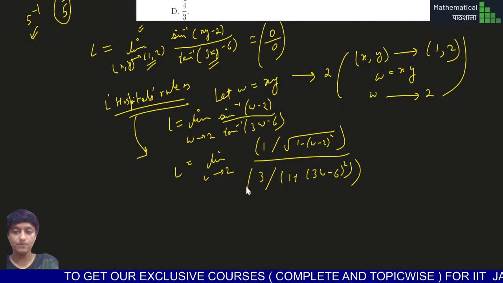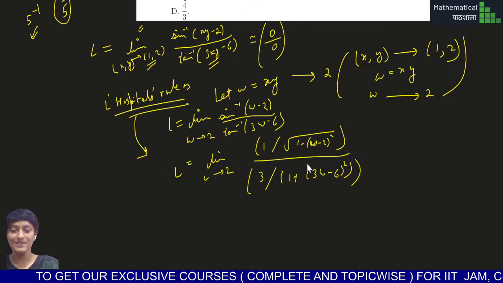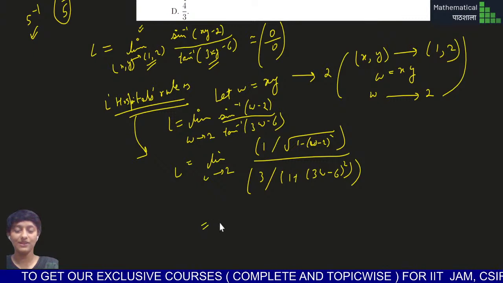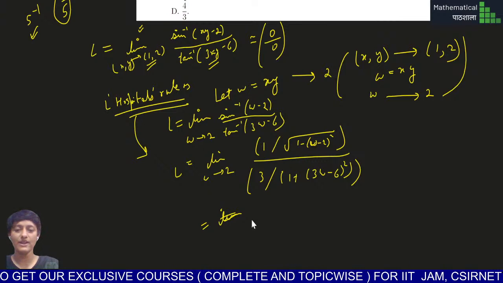Alright, close the brackets. So we got this. My writing is not so good right now, but I hope it is clear because I am speaking also. If there is any confusion in my writing, please let me know.